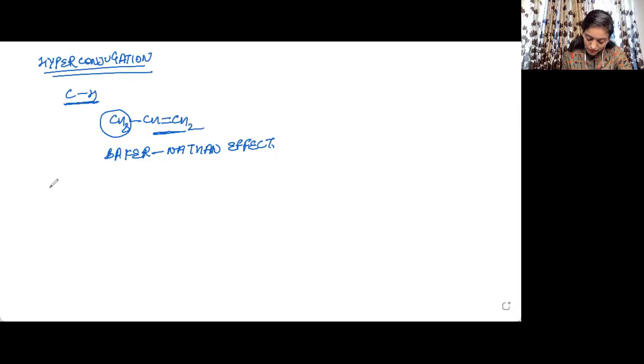Now we are taking the example of propene, so we are writing it again. Just open this CH3 and write it. So this is the propene molecule.